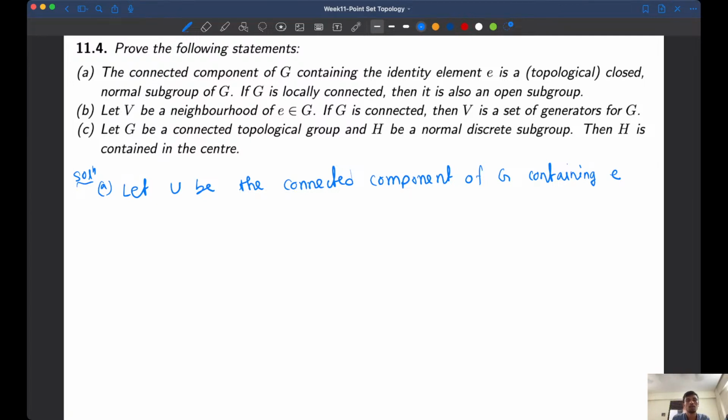Is it immediately true that U is closed? I need to prove that U closure is U.